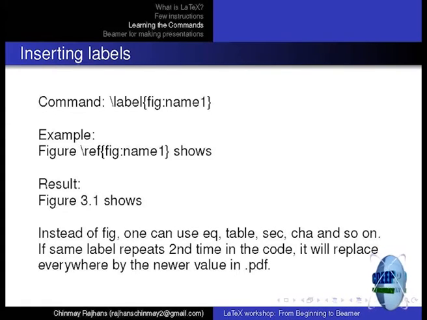You can use FIG, EQ for equation, table, SEC for section, chapter. These are again my words, you can use your own words also. So the moment I refer, I myself know that when I say CHA colon something, I want to reference a chapter, and numbers will come automatically accordingly. But it is not a standard convention, you can use anything you want. Instead of FIG you can use the complete word figure or anything, as long as you are able to make out what it is in your convention.